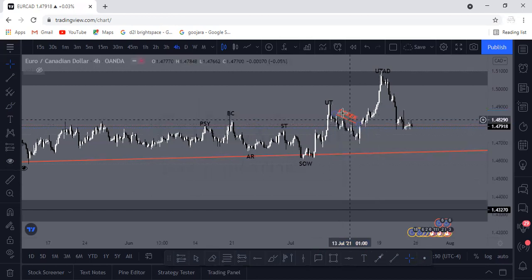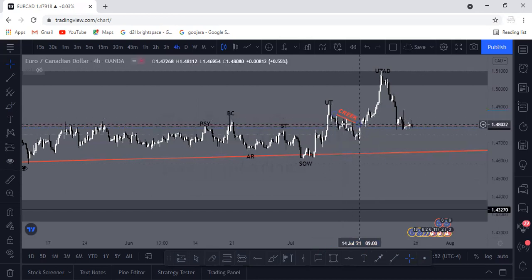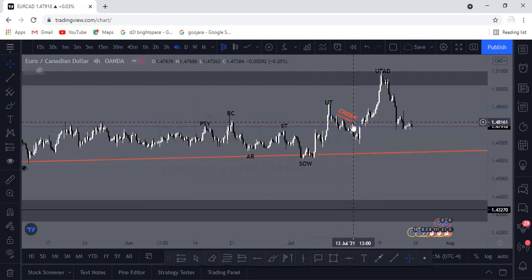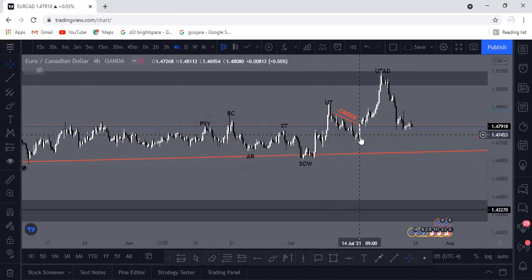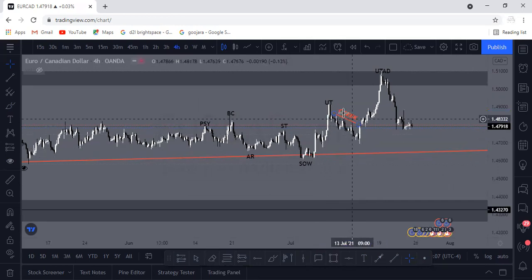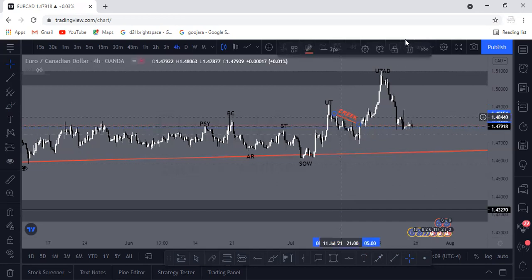This one is just a trap for retail traders that are trading smaller time frames. If they place their sell entries here, their TP will be here or here. Then the price will shoot to the upside, collecting all the stop losses here, or taking out all their stop losses here.